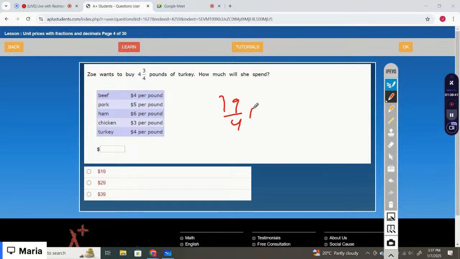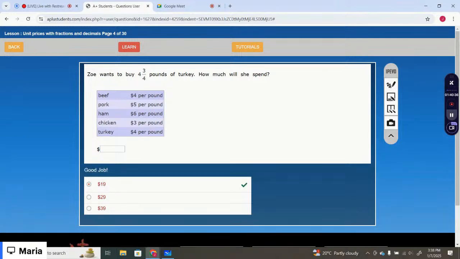The turkey is $4 per pound, so 19 over 4 times 4. The 4 and 4 cancel out, so that is $19. Option number 1 is the correct option.